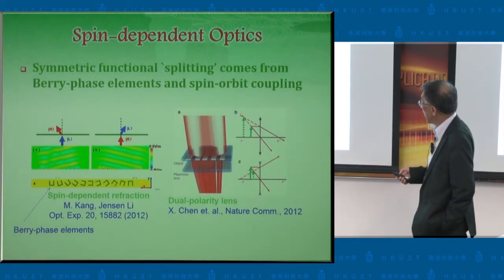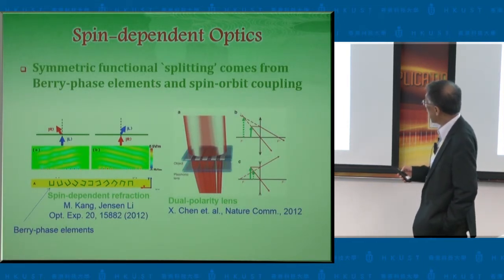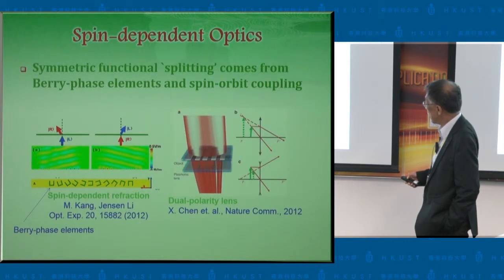Here is some of the work that has been done before. It does a simple spin-dependent refraction by gradually rotating this simple U-shaped structure. In fact, you can guide the wave itself, and this is normally what we call the Berry phase elements.